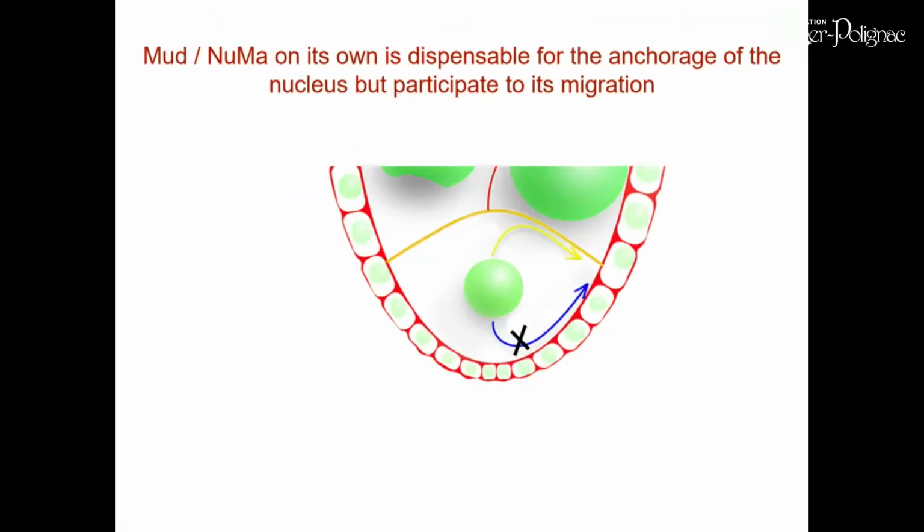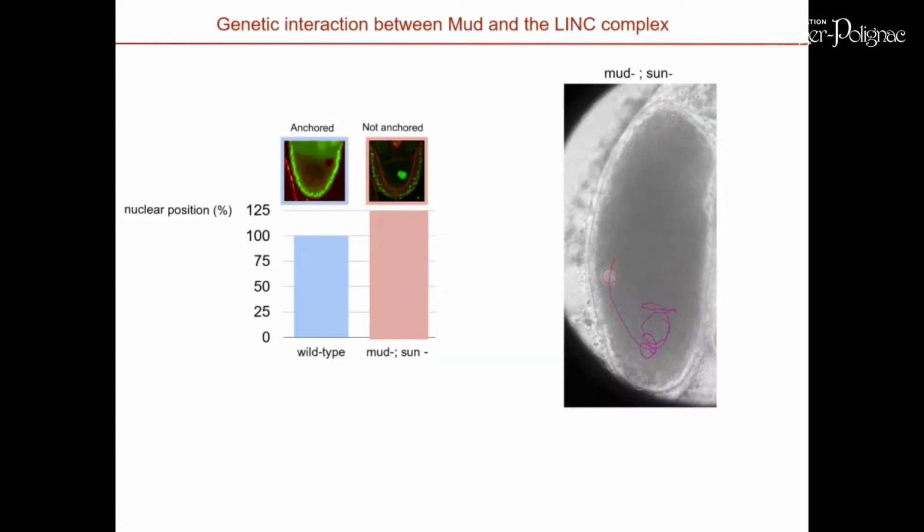Mud-NuMA on its own is not responsible for the anchorage of the nucleus, but it participates in its migration. Upon inactivation of Mud, the migration of the nucleus is delayed. Interestingly, when we inactivate both Mud and the LINC complex, the nucleus fails to be anchored and is mislocalized with the flow in the oocyte.